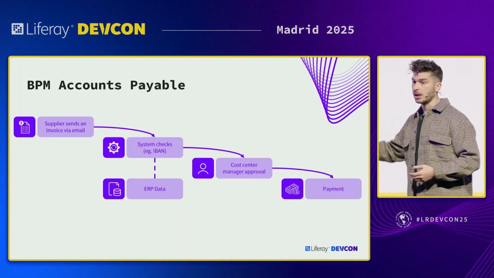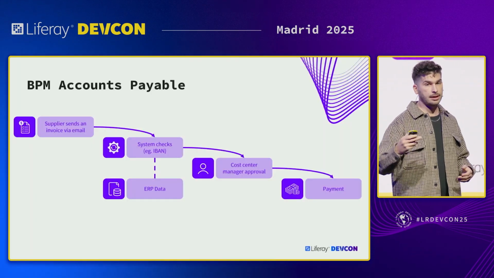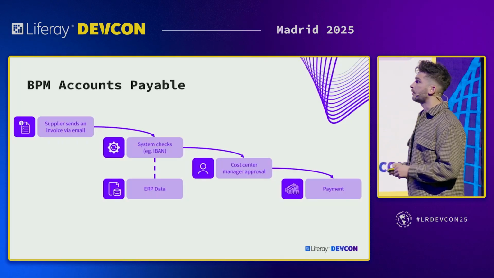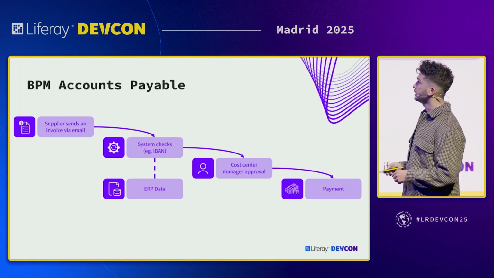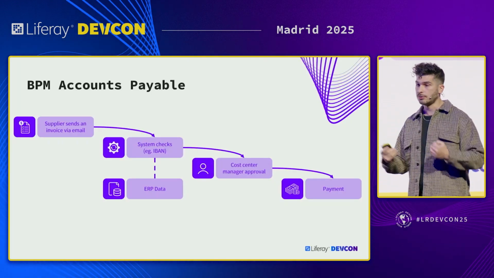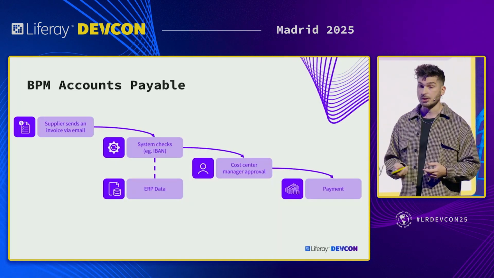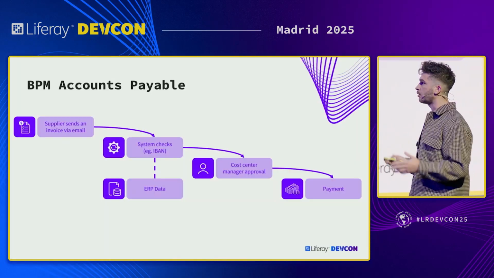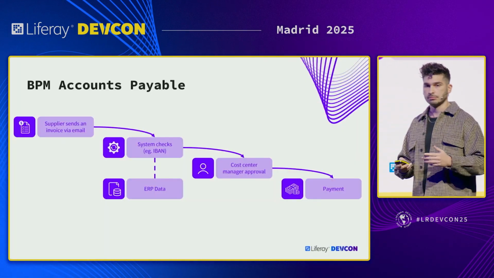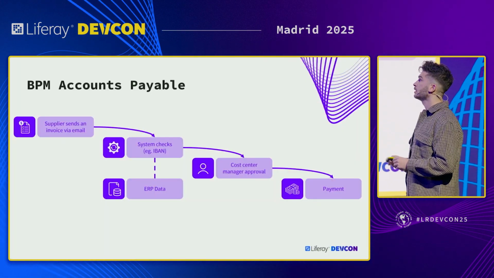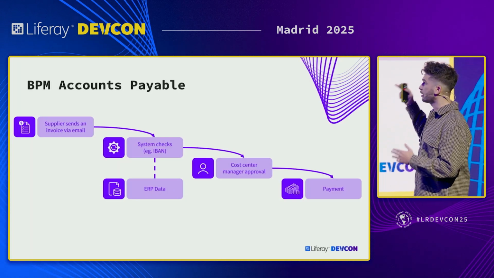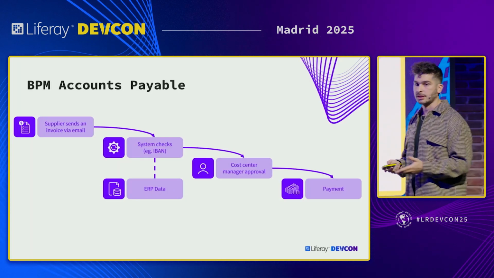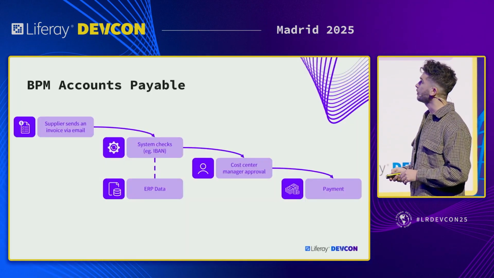You can retrieve from the ERP all the whitelisted IBANs for that supplier and verify if it is okay. After that, the process could involve the cost center manager to say, we received an invoice for, I don't know, this kind of service. Are you aware of that or not? If it is okay, you can unlock it, approving and unlocking the payment. Otherwise, you can say, no, I don't recognize this service.